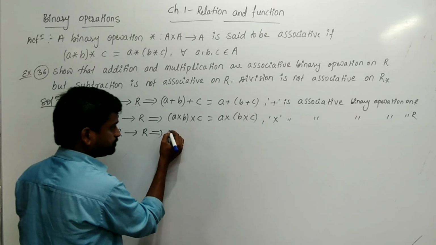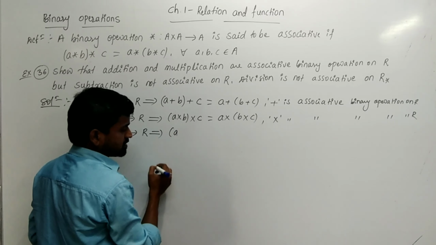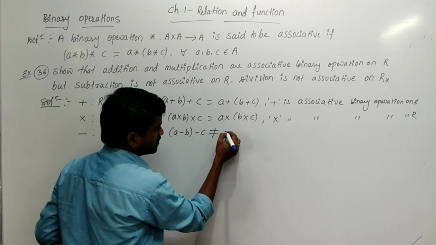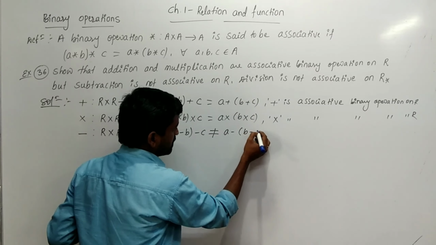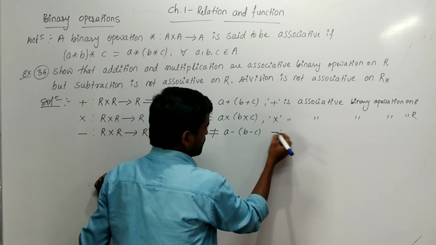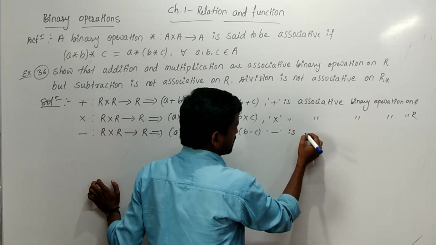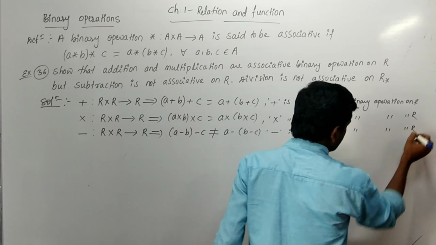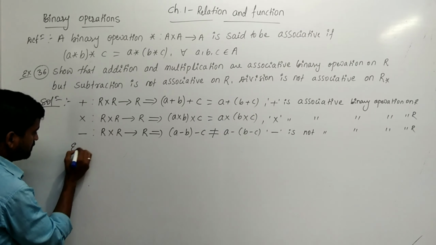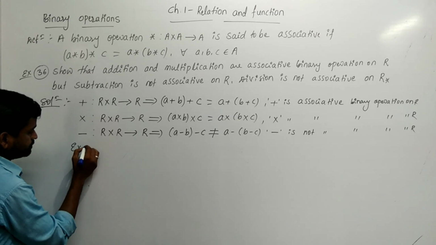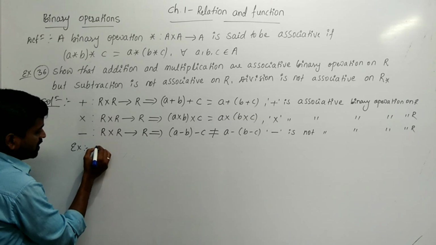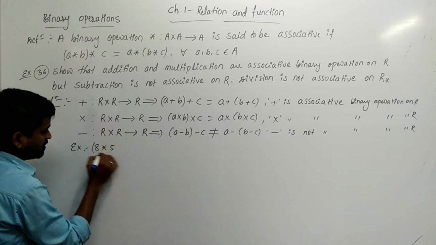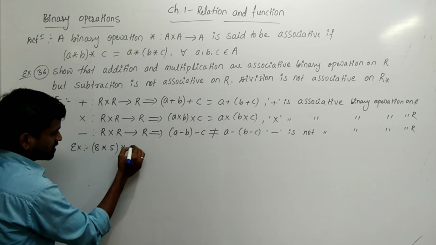Implies A minus B minus C is not equal to A minus B minus C. Subtraction is not associative binary operation on R. Example. 8 star 5 star 3.